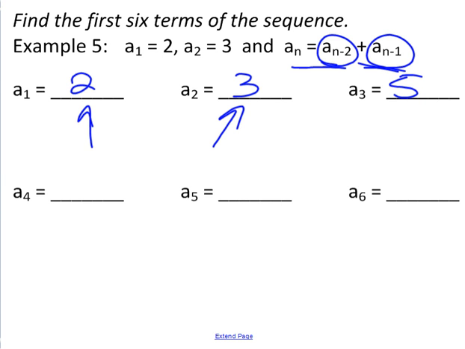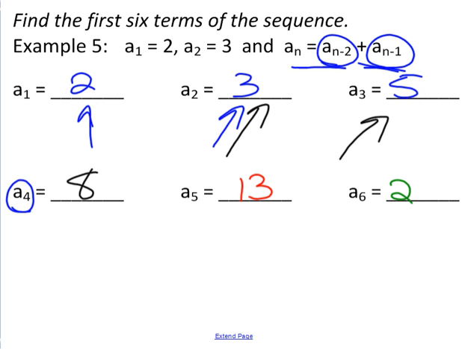To get the next term, I add the 2 prior terms, which is these 2. 3 plus 5 is 8. 5 plus 8 is 13. And 13 plus 8 is 21.